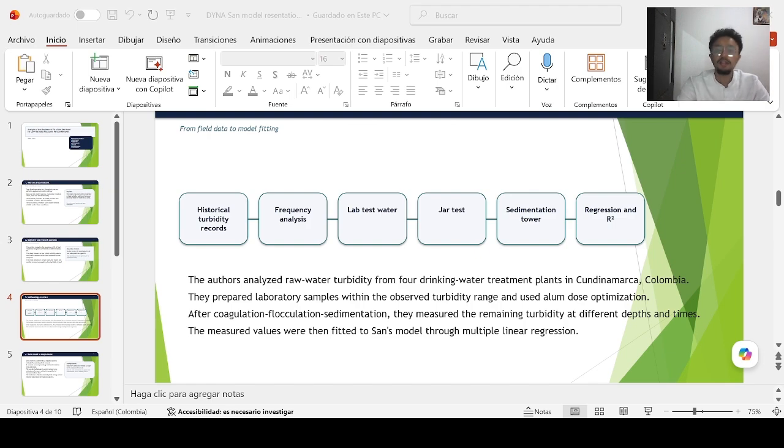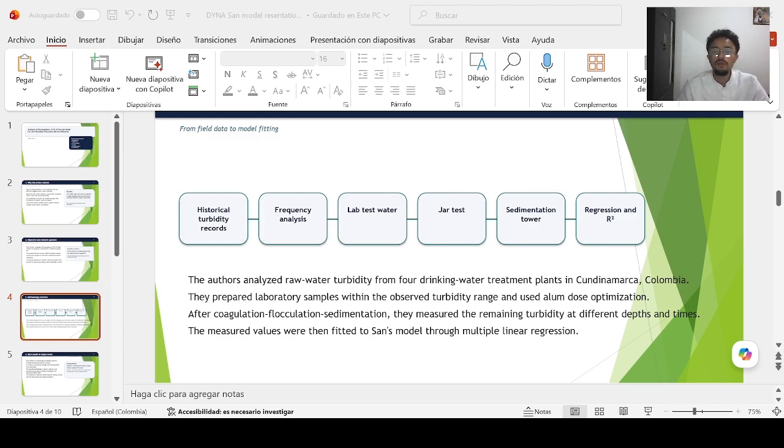Finally, they fitted the data with multiple linear regression to obtain the model parameters and the R square value. So the methodology moves from real field data to controlled laboratory testing and then to statistical modeling.